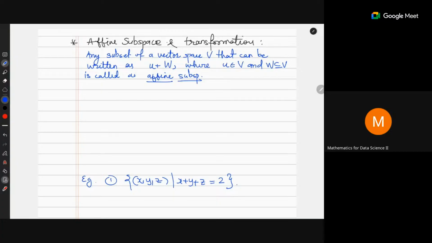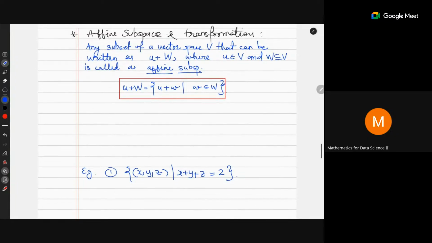Here is how we denote this addition. This is what the affine subspace is.